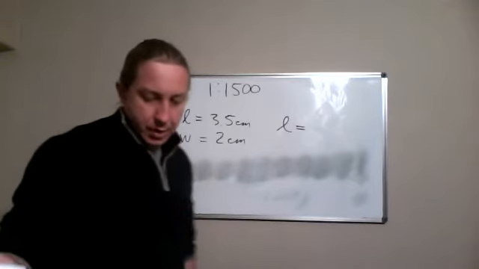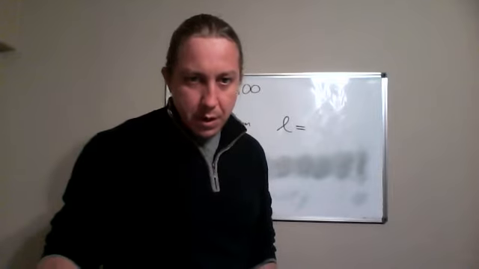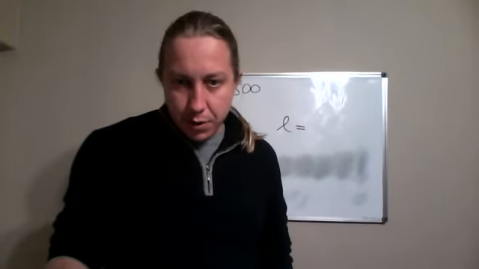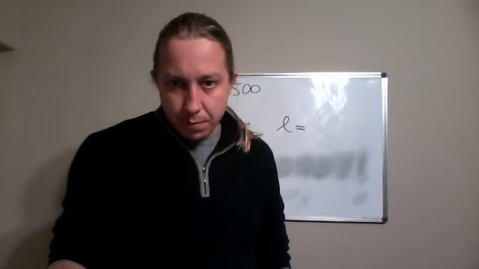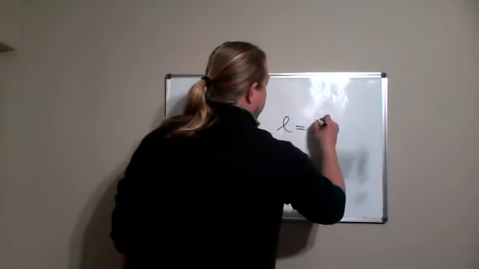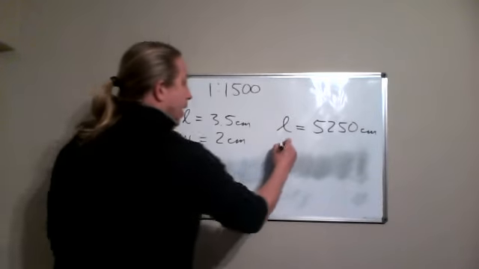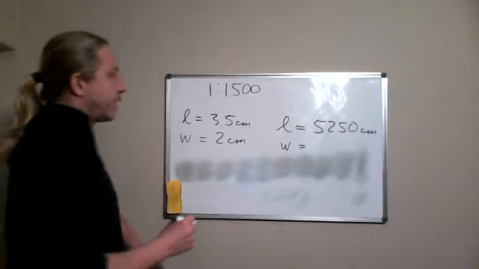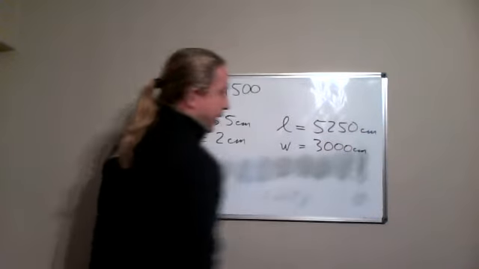Let's quickly use a calculator. 3.5 times 1500. I get 5250 centimeters. And my width is 2 centimeters times 1500. That's going to be 3000 centimeters.